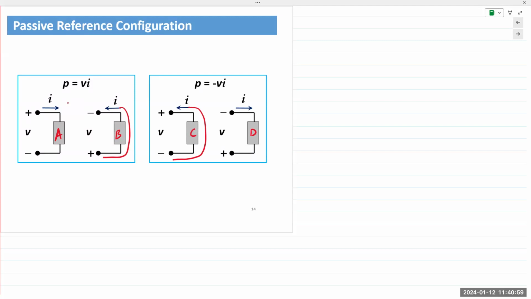We use the equation minus VI. And that's it. As easy as that. If current enters the positive terminal, power is positive. If current enters the negative terminal, power is negative.